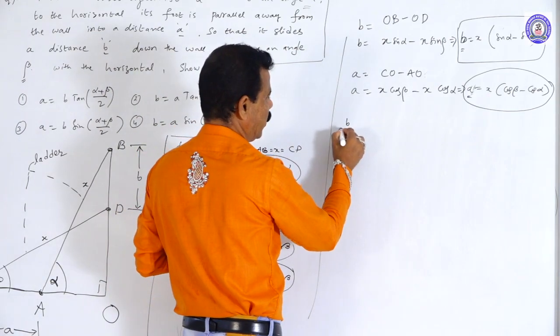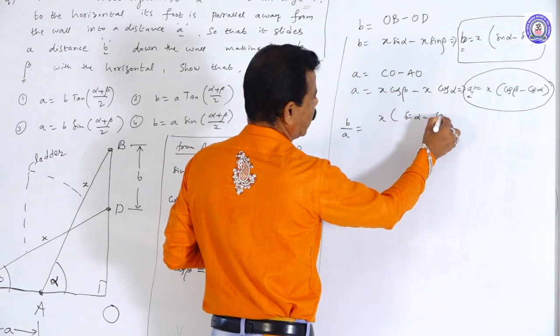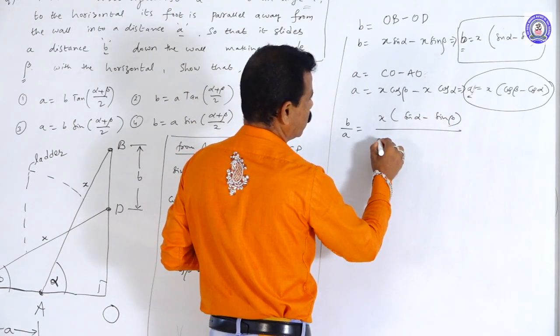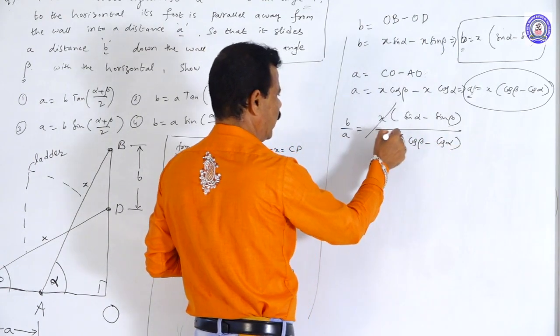X cancelled, then B by A is equal to X (sin alpha minus sin beta) by X (cos beta minus cos alpha). Here X cancelled.